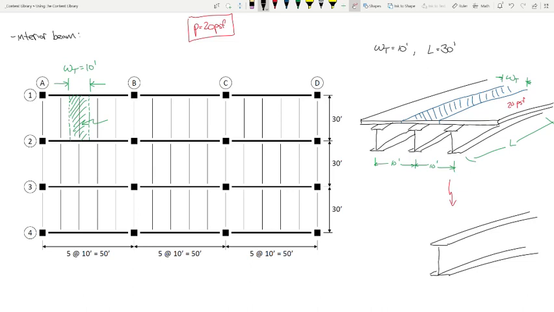So keep in mind that what's going on in this area, let me draw it like this, is seeing a pressure load act on top of it, right?